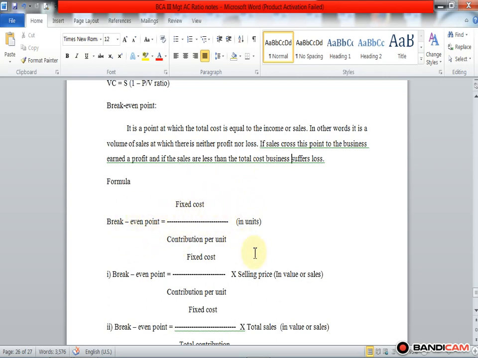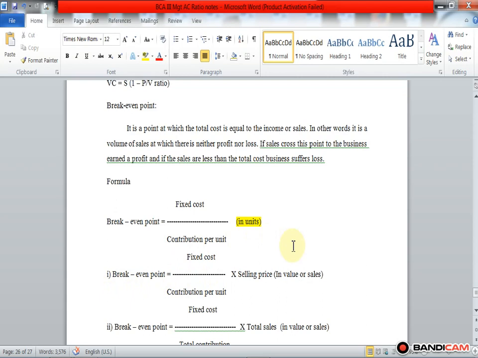Here we have highlighted the units in yellow color. If the break-even point is computed in units, we use fixed cost divided by contribution per unit.